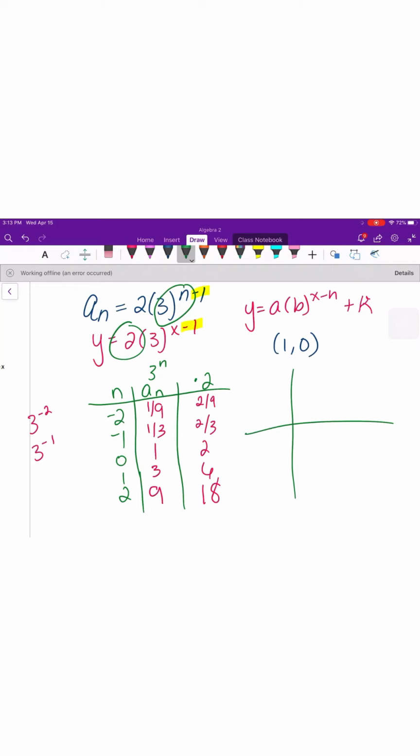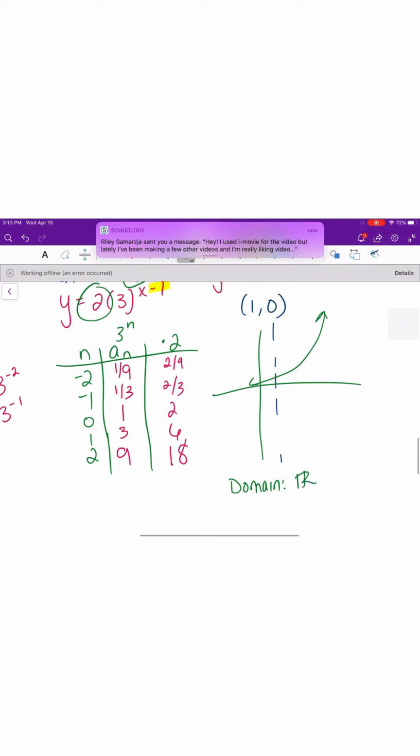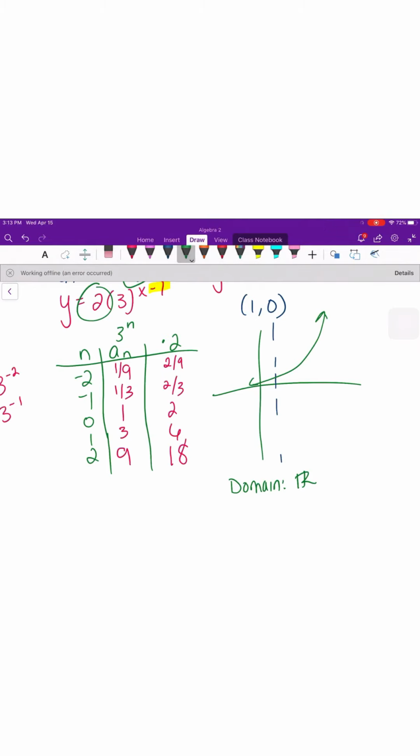When you're graphing it, you would graph from your shift 1, 0, and this is exponential growth, so it would look something similar to this. I just sketched a quick sketch. Remember, exponential growth functions have a domain of all real numbers, and the range depends on your shifted value.